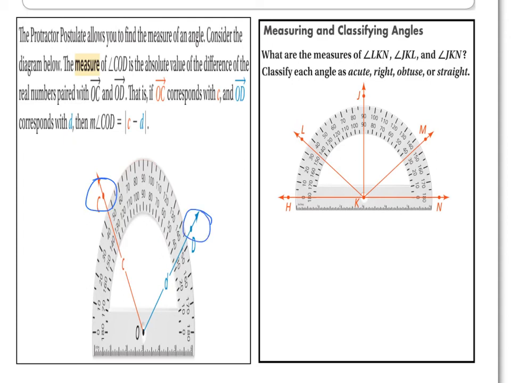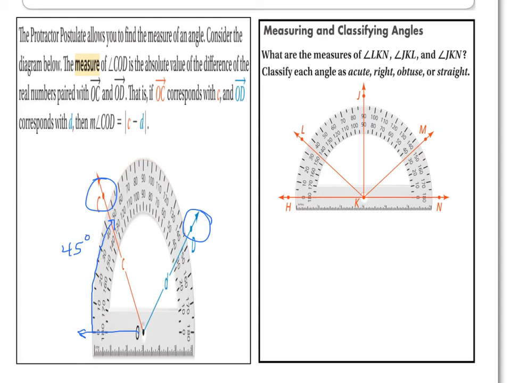Or, as I do it this way, I'm going to start with 0 right over here. Since C is closer to the left, I'm going to start at 0. So I'm going to measure to C, and if you measure to C, that's about 45 degrees.